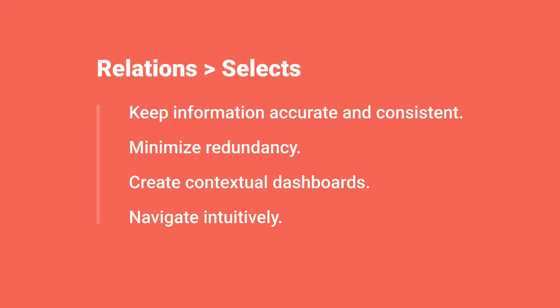If you have countries, for example, and you have multiple databases where you're going to want to assign a country to the items, rather than creating independent select properties within each of those databases and creating all of the countries as options within those select properties, you can have one master countries database and then use relations within all of those other databases to choose a country from that master countries database.